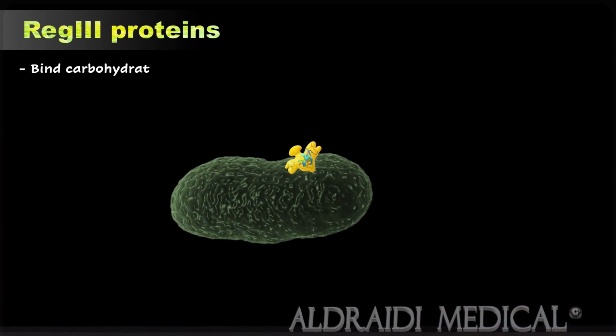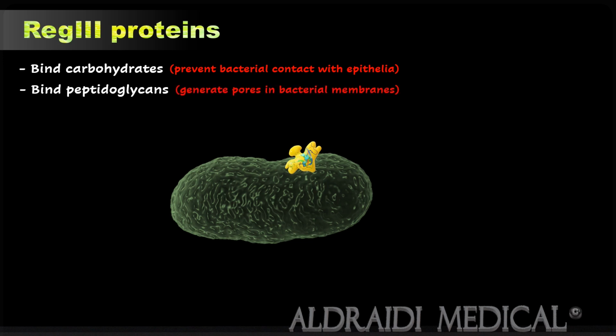They bind carbohydrates on bacterial cell walls, preventing them from contacting the intestinal epithelial cells. Additionally, RegIII proteins are directly bactericidal. They can kill bacteria by binding to peptidoglycans and generating pores in their cell membranes.